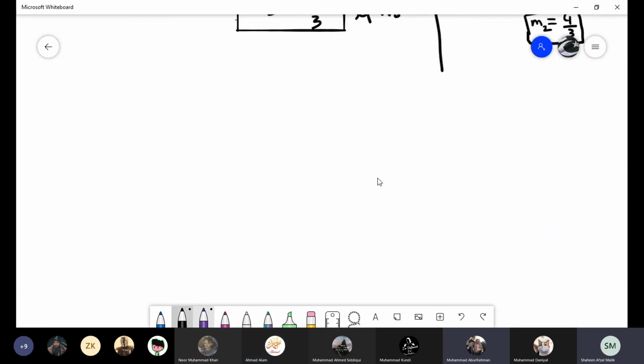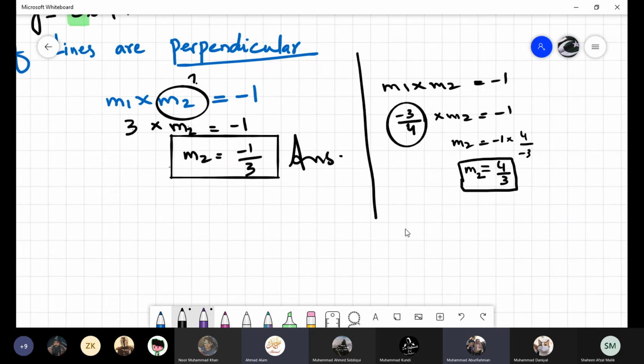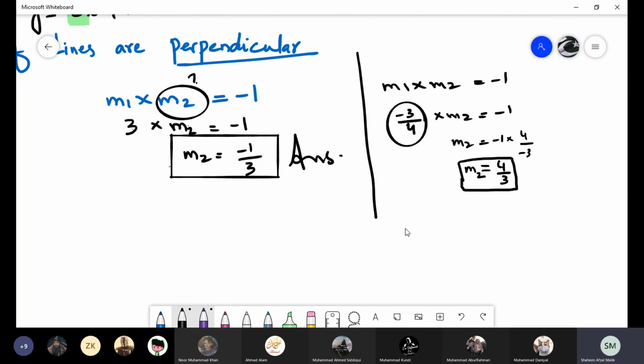Ma'am, in the B part, x is not given. It's -3 over 4 plus 6. Just wait. Let me check. Why is the x missing? 3 by 4, x should be with this.